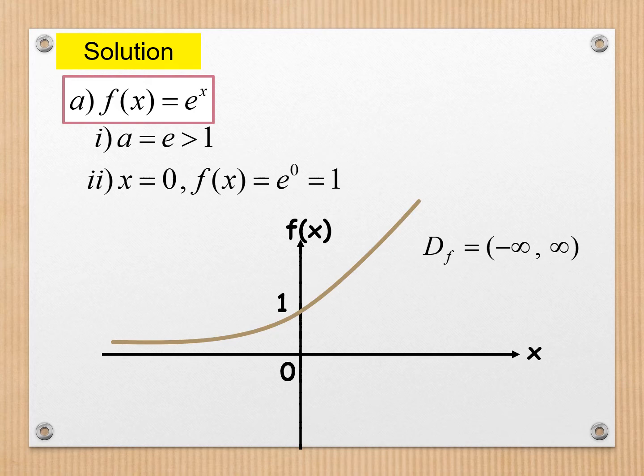Then the range of f is open 0. From below, this graph is open 0, y, and then positive infinity. So the range of f is open 0 to infinity.